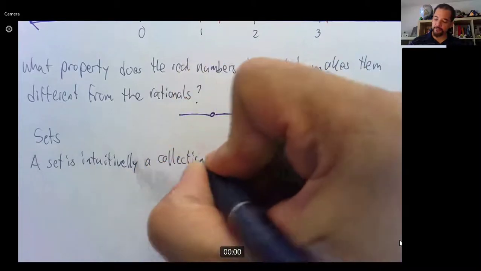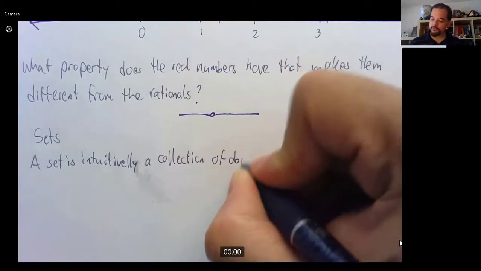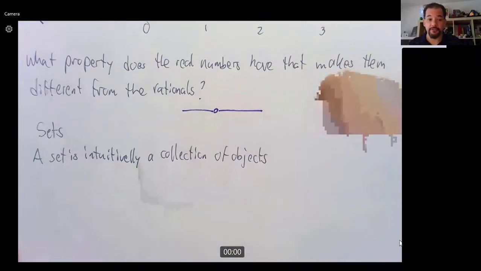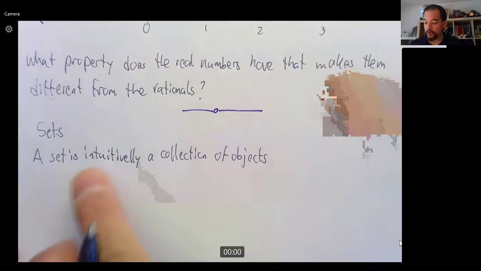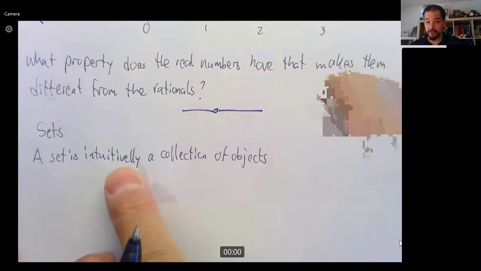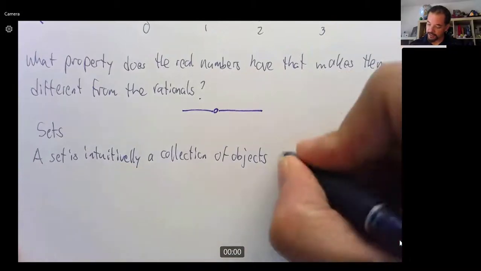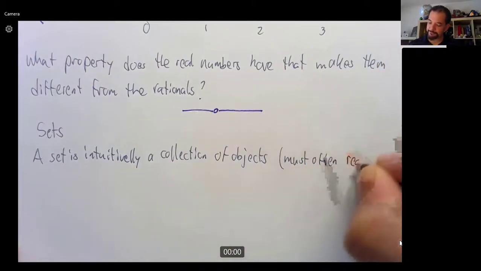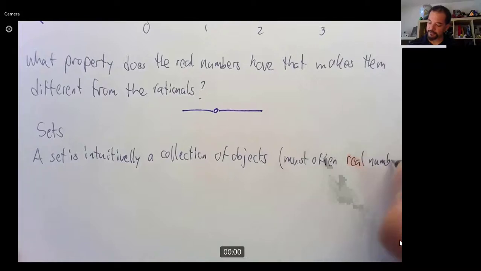Like I told you before, we're not hoping to be very precise about the way we define sets. That's why I'm calling it intuitively, because this is not a precise definition. I could get in trouble. And in our case, they will be most often real numbers. So we seldom will have sets of anything other than real numbers.